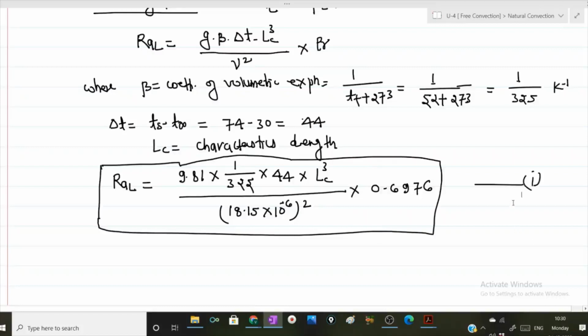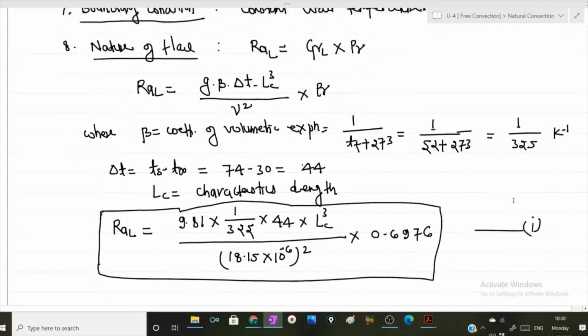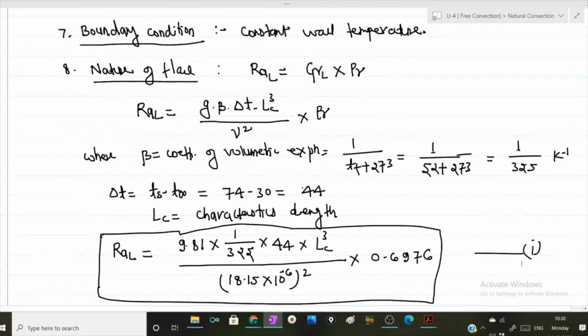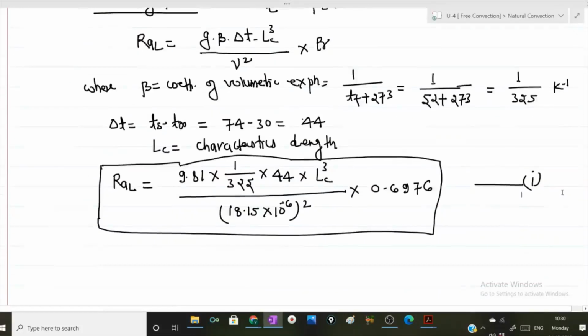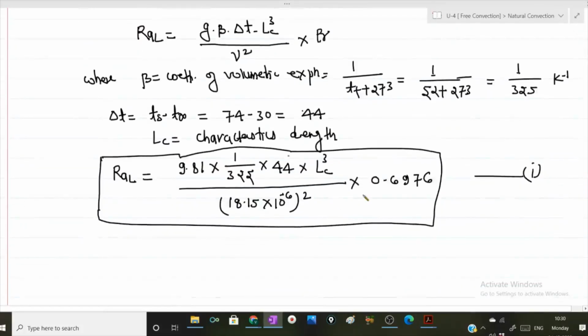So up to step number 8, we were following the general steps. Now the value of this LC will vary whether the plate is kept vertical, horizontal with hot surface up, or horizontal with hot surface down. So Nusselt number and hence average heat transfer coefficient will be different for different orientation.